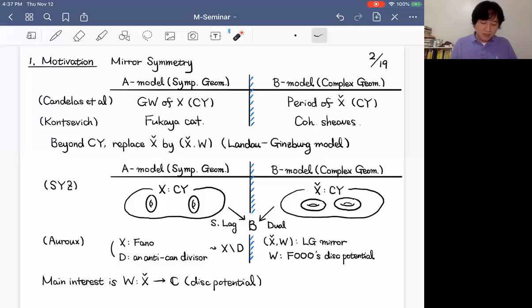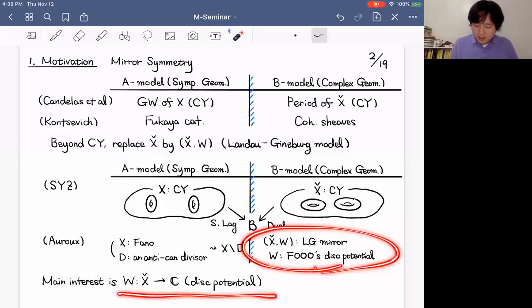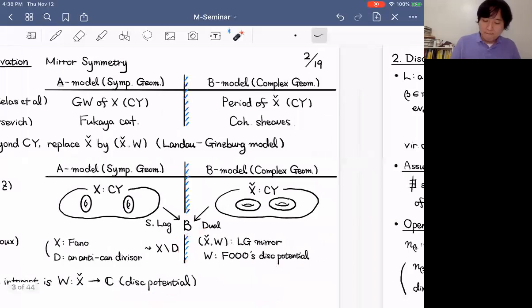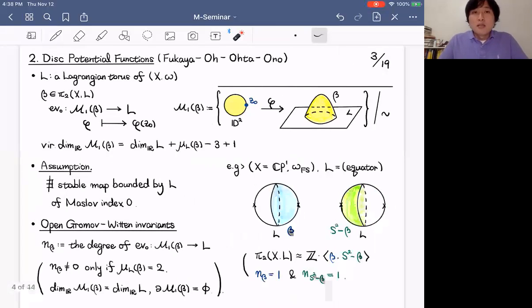The main interest of this talk is this object. Let's start the review of the disk potential.